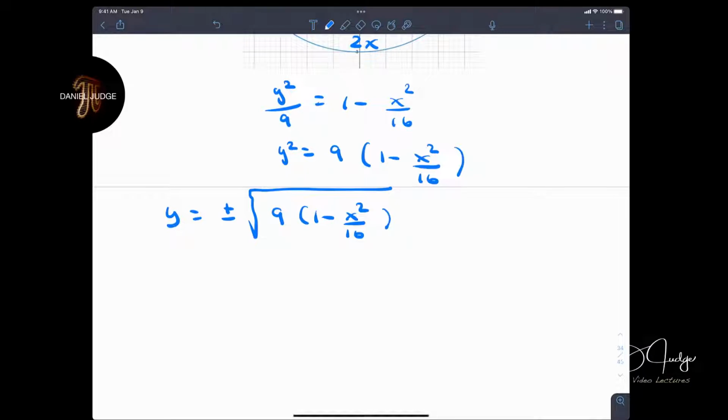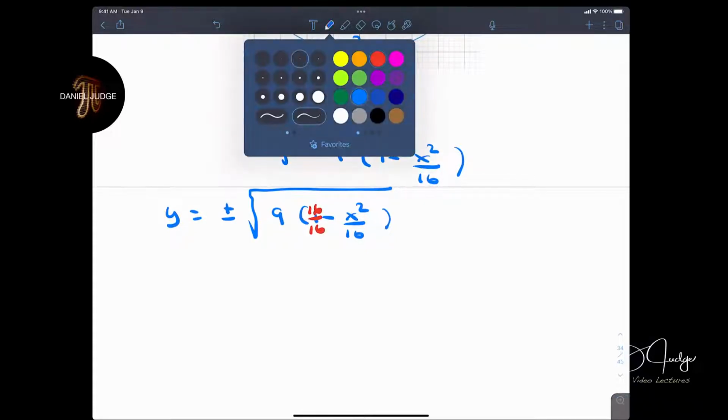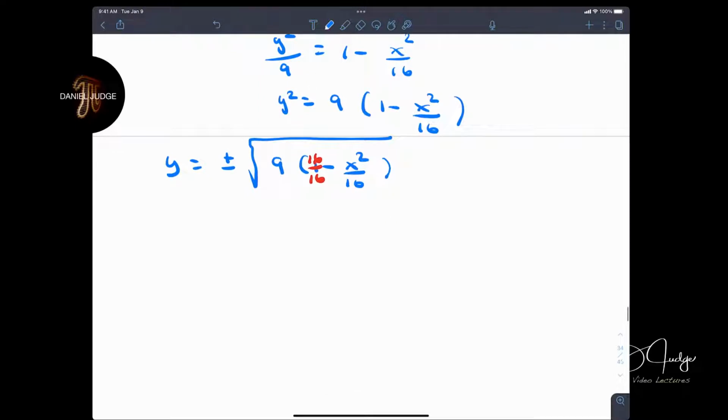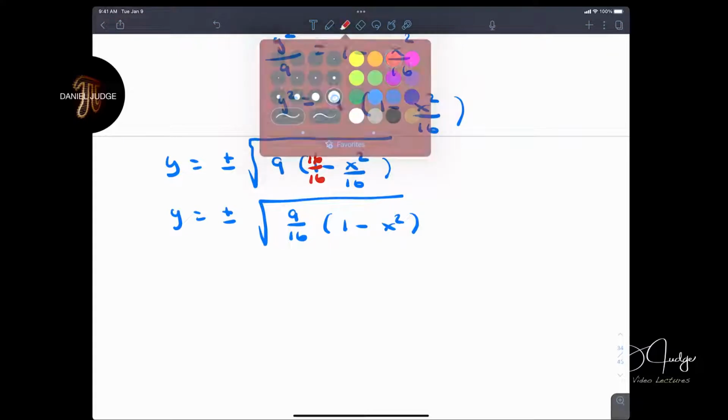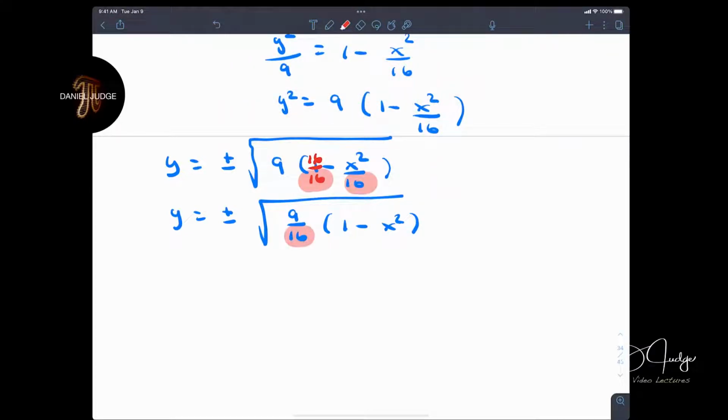Now we're going to do some simplification here. I'm going to write 16 over 16 to represent that number 1, and I'll factor out the 16. So I get 9 over 16 times 1 minus x squared. We're factoring out the 16 in the denominator, since it's a common term there.